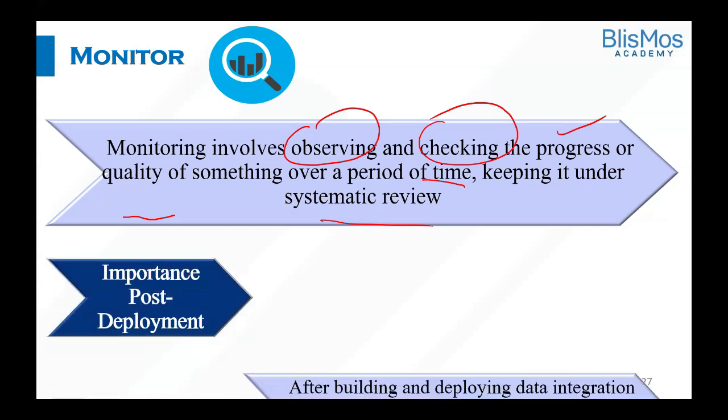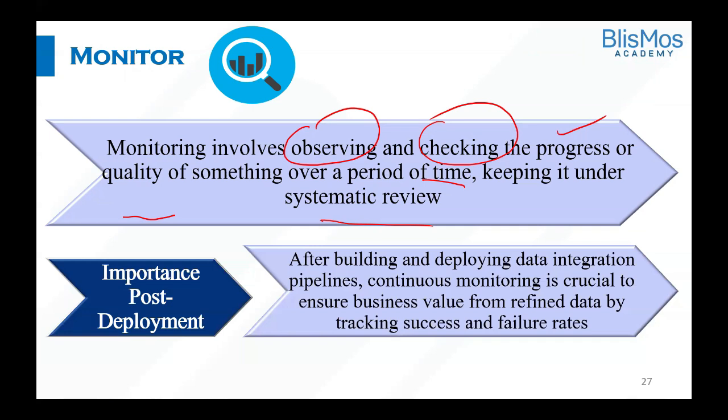In terms of data, we are observing the progress of the data movement, and also the quality of the data moved from one place to another over a period of time, so that we always ensure the data that needs to be delivered to a particular system is properly delivered, and also that the quality of the data is correct.